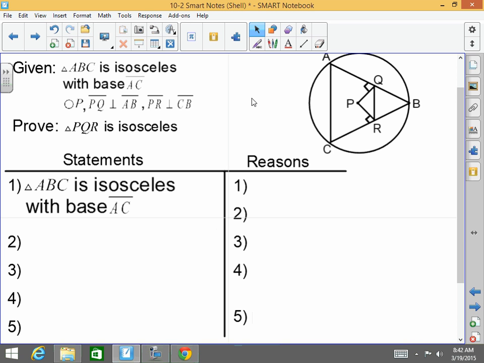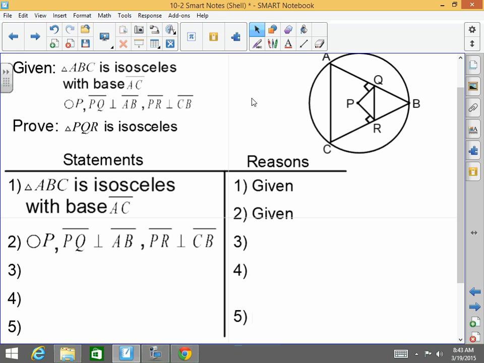First off, triangle ABC is isosceles with base AC. Okay, that's awesome. If it's isosceles, what do we know about AB and BC? Right, well, I put the rest of the given. I really shouldn't have put the givens. We know that AB is congruent to BC because of the definition of isosceles.